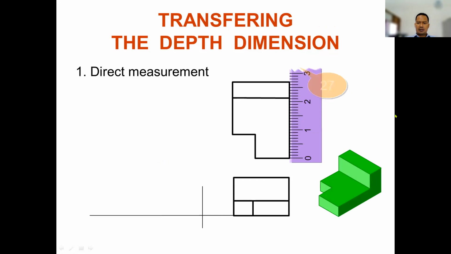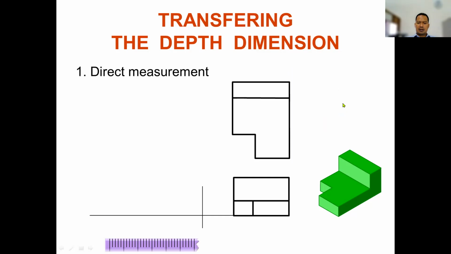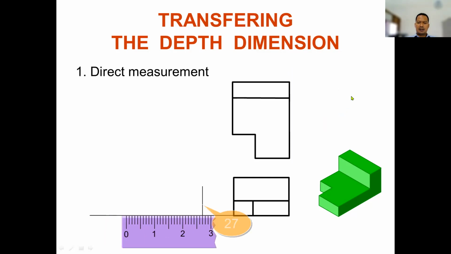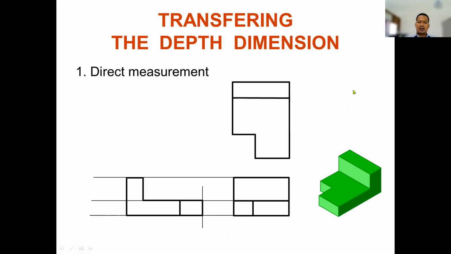For example, you see the dimension of your object in here, and then make another dimension in here, and then you will get the projection.